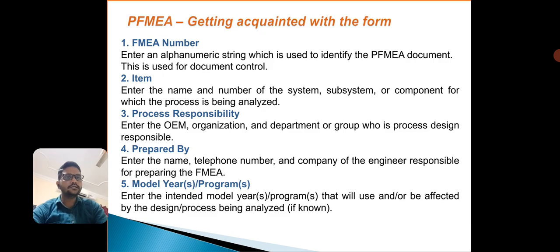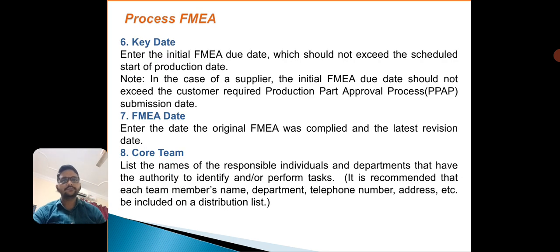Next is model year and program. Enter the intended model year and program that will use and be affected by the design or process being analyzed. Next is key date, where you enter the initial FMEA due date, which should not exceed the scheduled SOP date. It means before SOP we need to enter the key date.